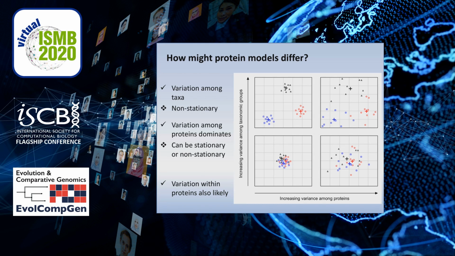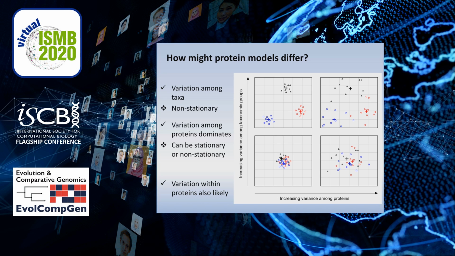Do the models differ among clades is really captured on the vertical axis of this sort of hypothetical parameter space. Down in the lower left, we see very little difference among clades. Pretty much all of the proteins are clustered on top of each other.